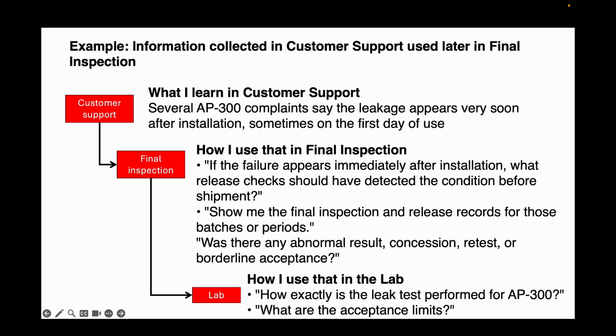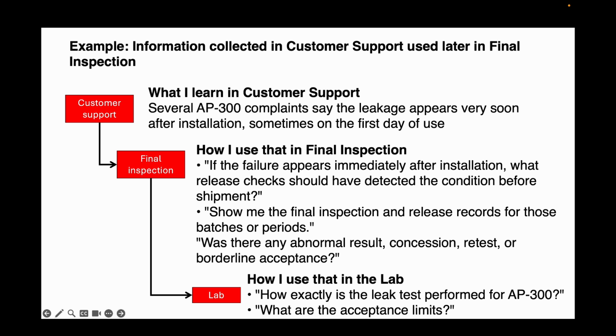So I take that information with me to the next audit, to final inspection. And now my questions become much sharper. I can ask, if the failure appears immediately after installation, what release checks should have detected that condition before shipment?